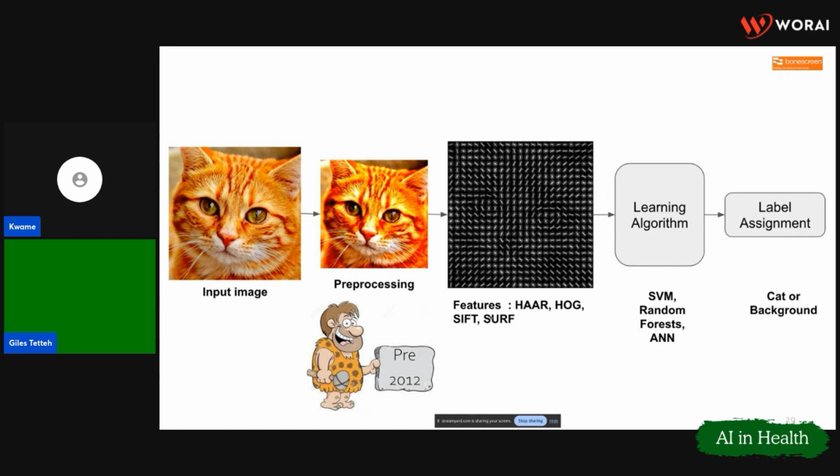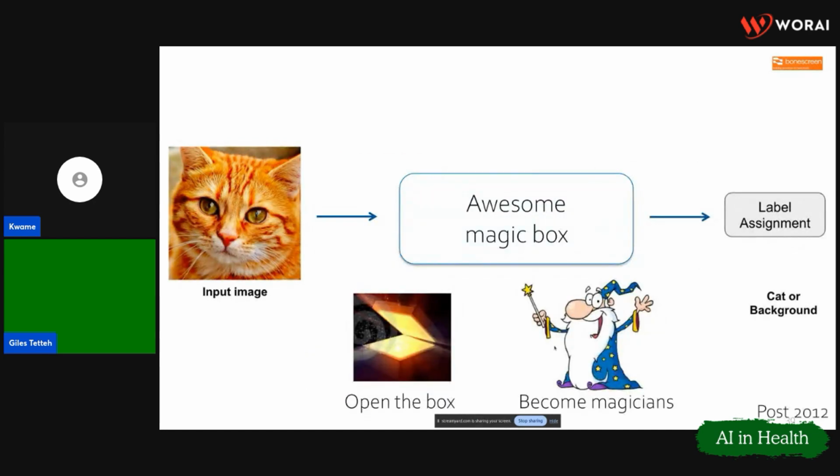So we see that here, this feature extraction is very important because if you get the feature wrong, then it's possible that you will not get a good result. So this was before 2012. And then post 2012, this is where the magic box came in, right? So here you have your input image. Straight away you give it to your machine learning or deep learning algorithm, and then it gives you the label.